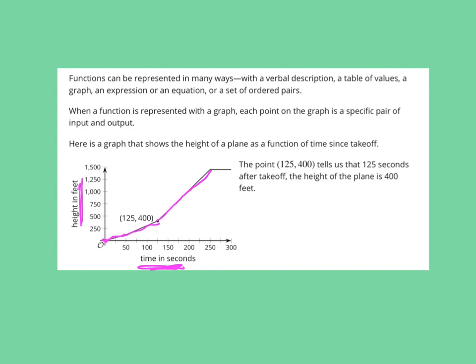The slope increases, so we start to sort of steepen our ascent until we get to cruising altitude of about 1,500 feet. The point 125, 400, so somewhere right here and about here, that moment, 125 tells us that after 125 seconds since takeoff, the height of the plane is at 400 feet.